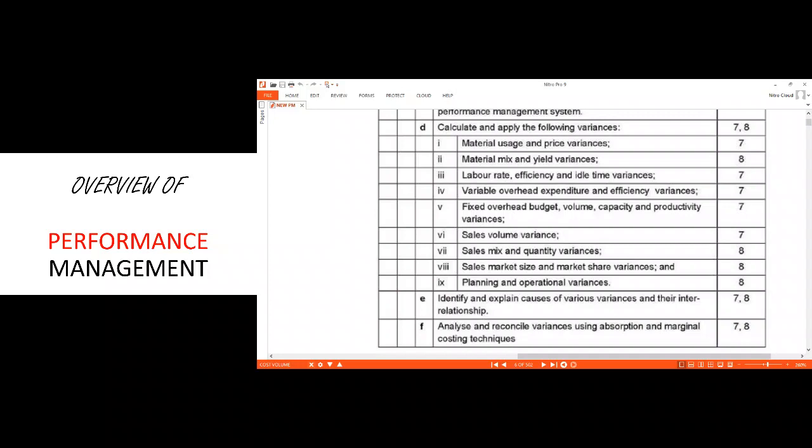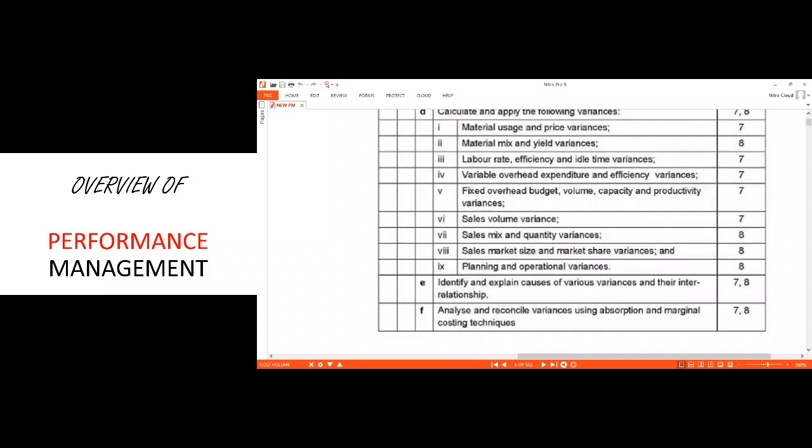Then we are going to explain the causes of variances and the relationship and interrelationship of figures. We are going to reconcile variances through absorption costing and marginal costing.